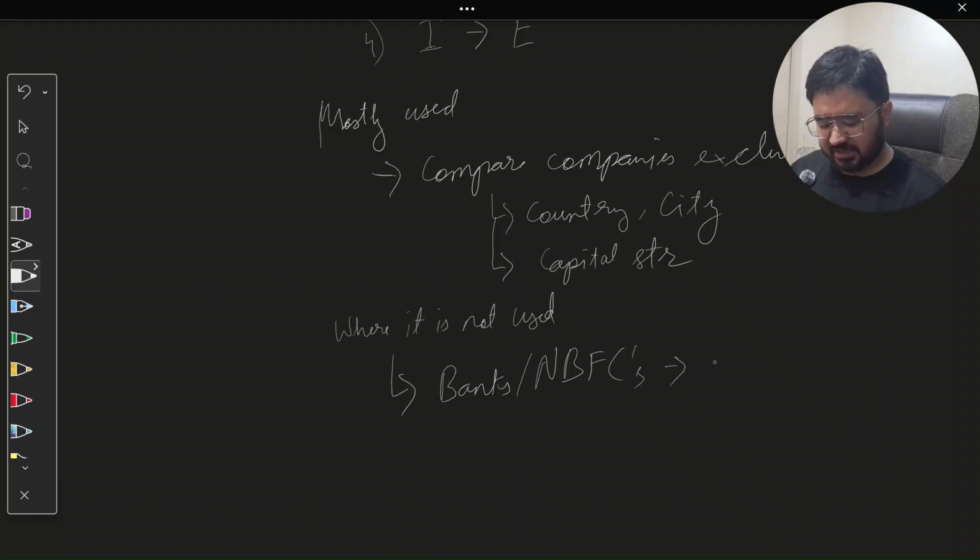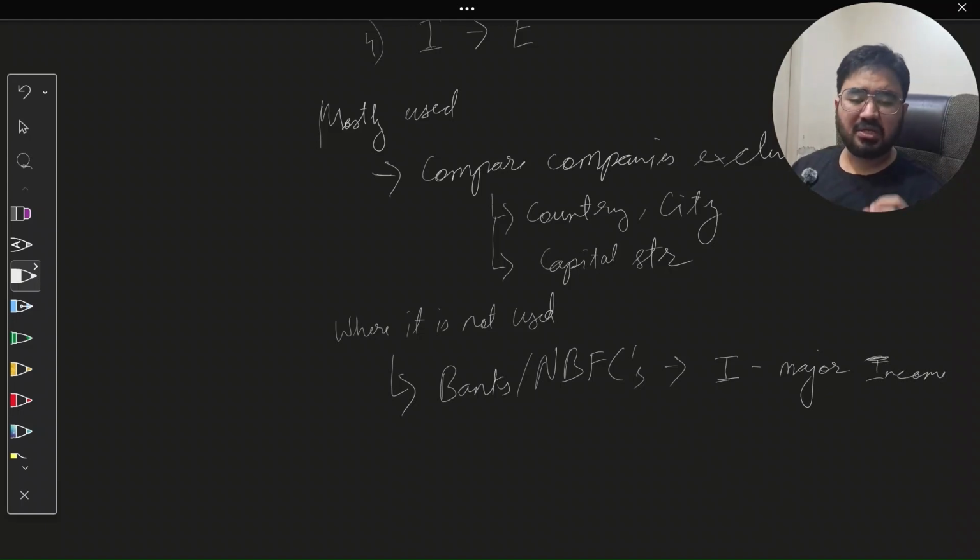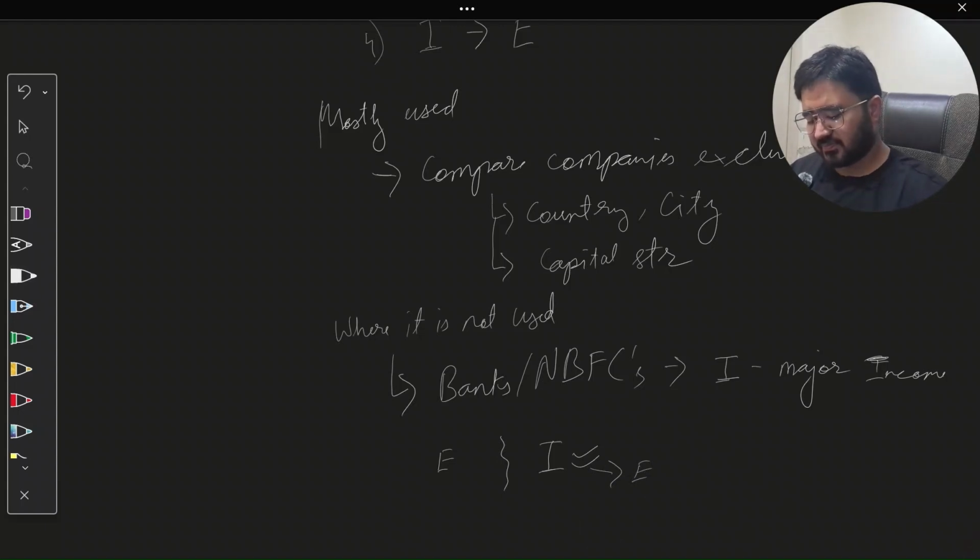Because in banks and NBFCs, interest is the major portion of the income, and in EBITDA, it is not included in the income. So earnings is a separate component and interest is a separate component in EBITDA, whereas in banks, the interest component is the earning component. So it doesn't make any sense in banks.